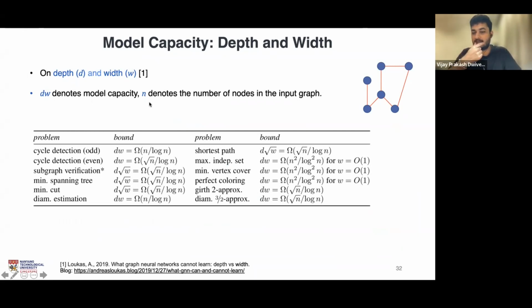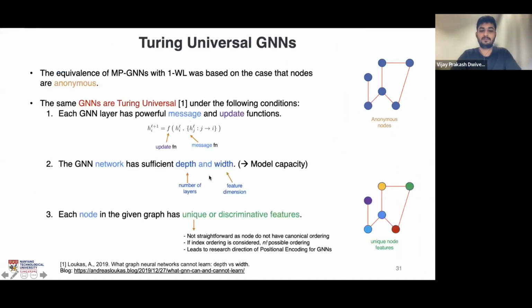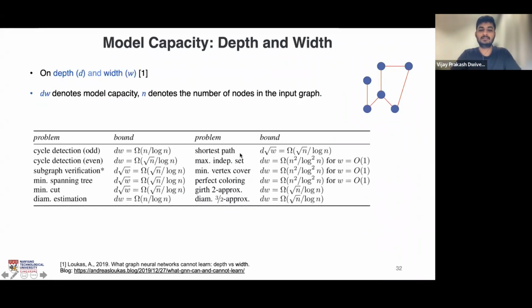And it shows that for all these different classical problems related to graphs, different bounds can be derived, and each of these depends on the number of nodes in the graph. For example, for the shortest path, D and root W must be at least of the order of root n by log n, in order to have a sufficient depth and width for the model. This is one of the interesting results derived in this paper.